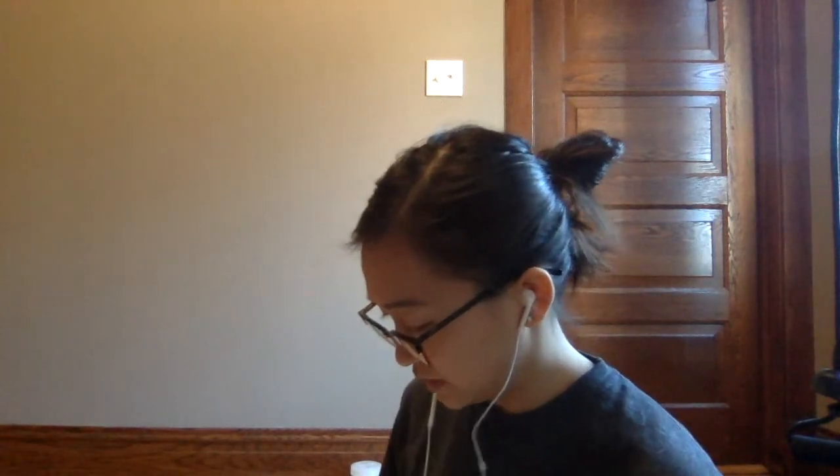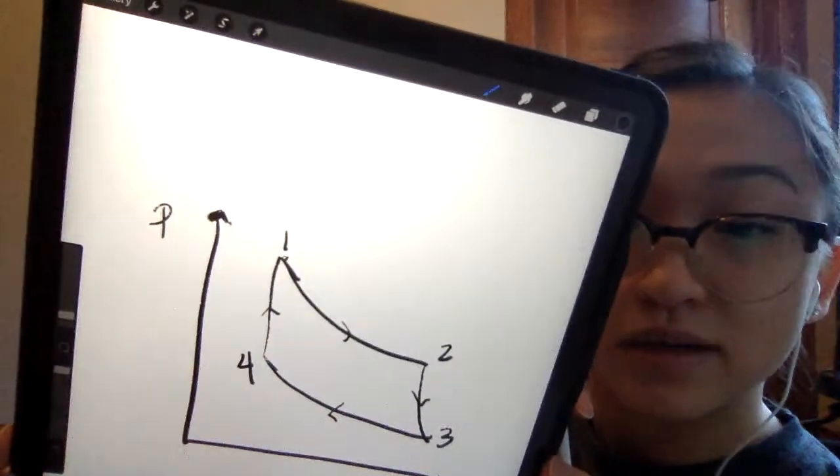So the Carnot cycle is a series of 4 steps, and it can also be demonstrated on a PV diagram. If we look at it on the PV diagram, it looks like this.